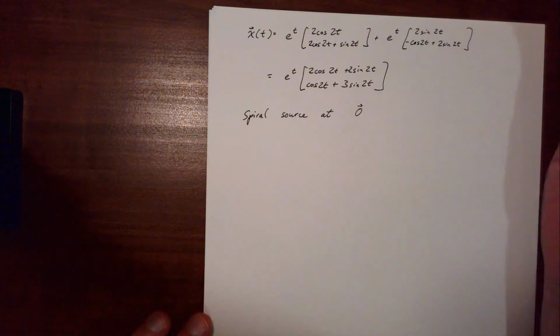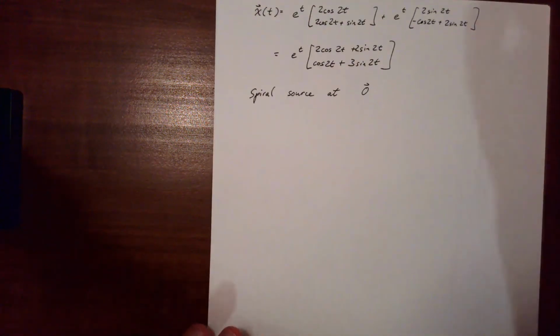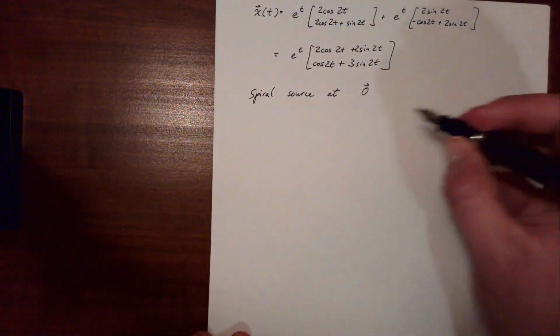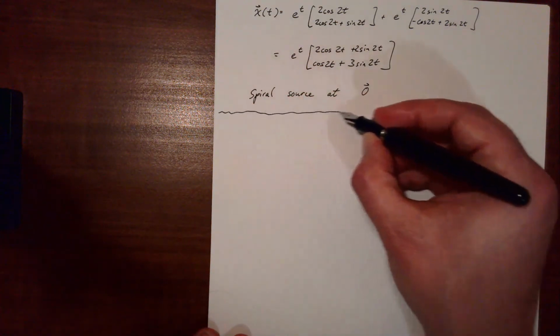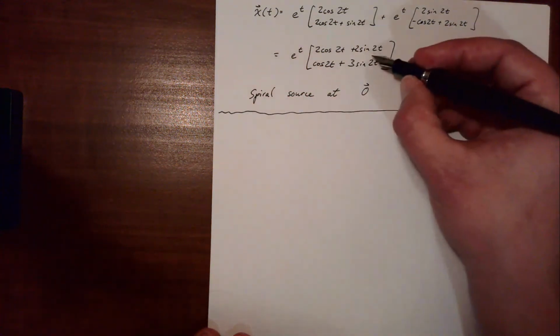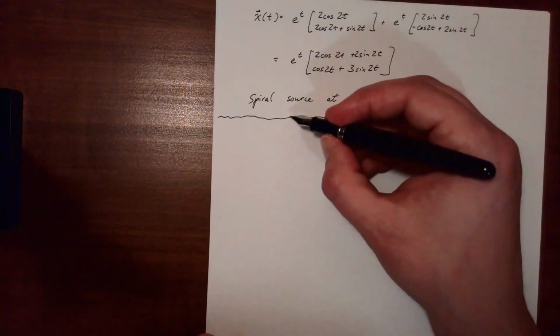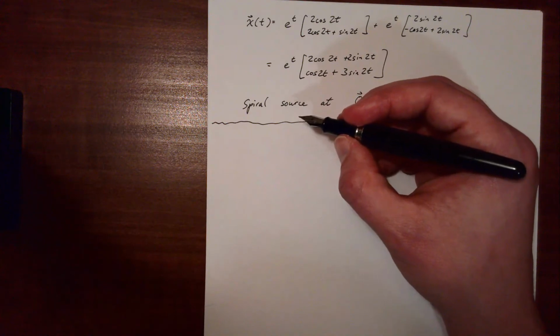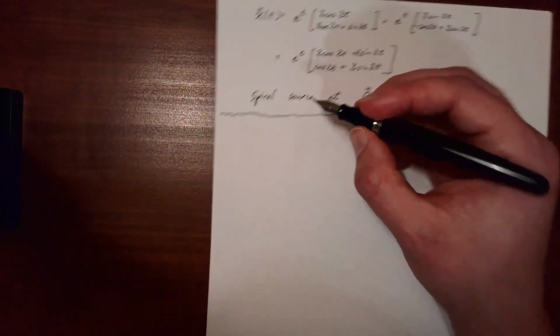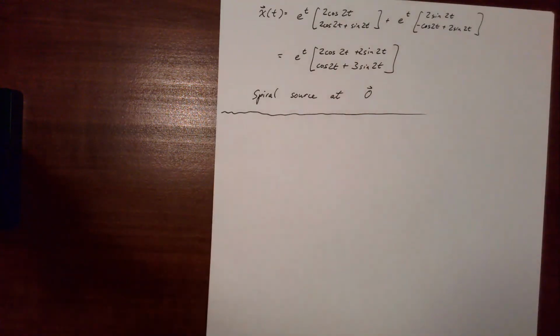It could be done, but it's not really worth our while to go into that kind of detail. The most important thing for us is producing solutions on the one hand, and also characterizing the nature of the equilibrium at zero on the other, into the categories of spiral source, spiral sink, or center.